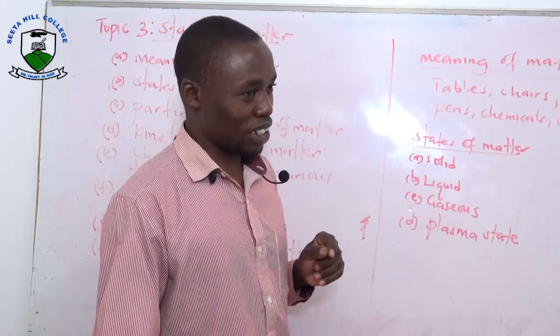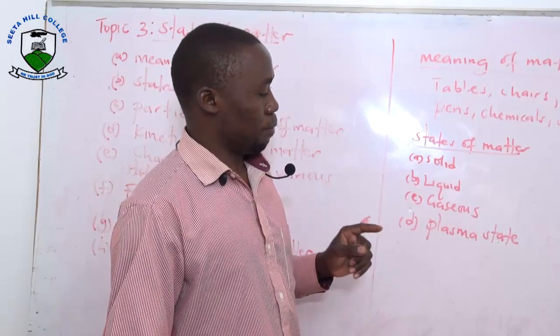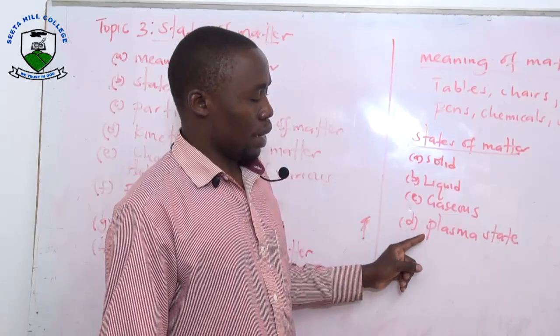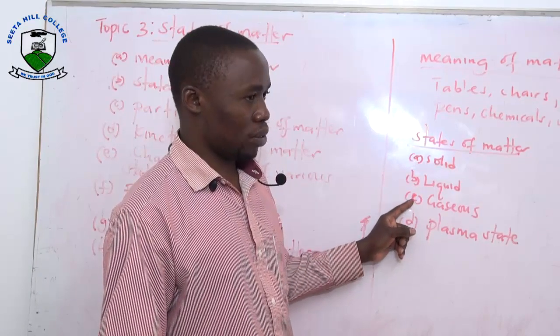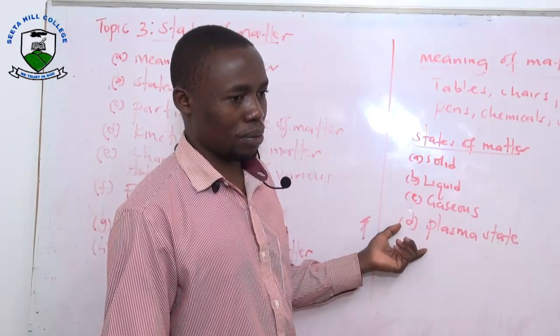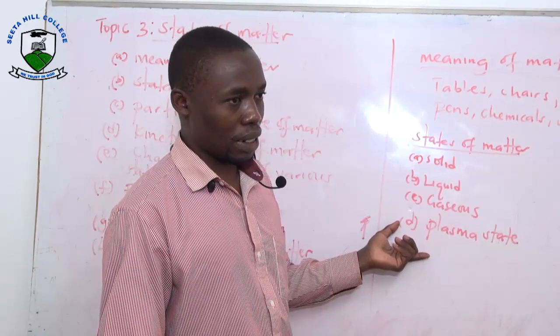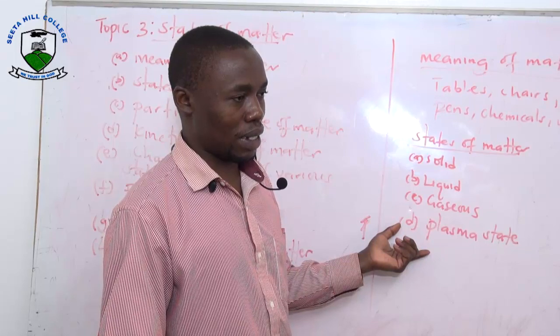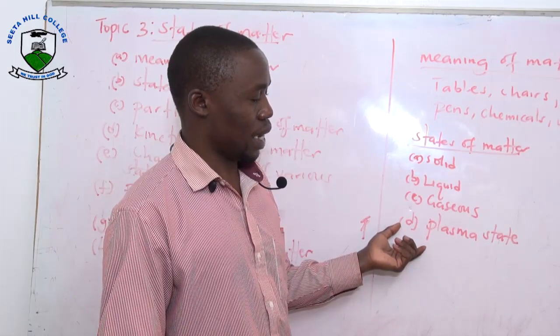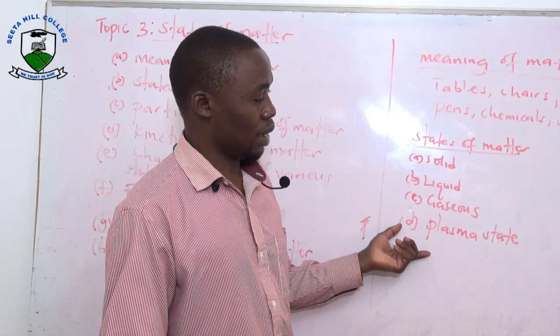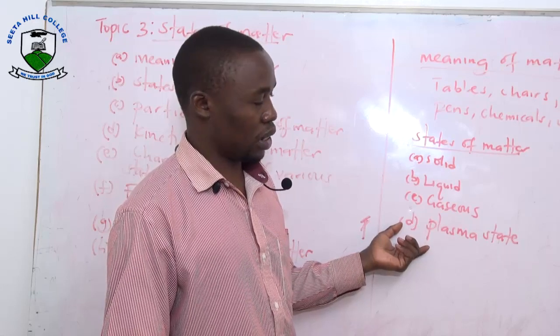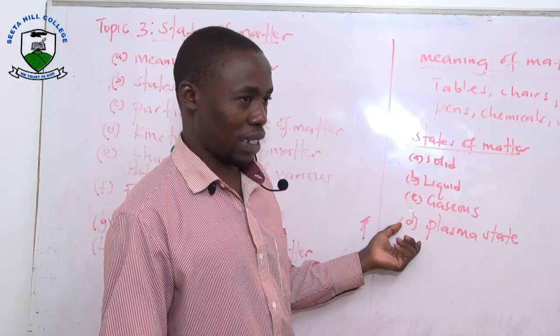Now listen. When a gas is subjected to a very high temperature, the particles in the gas get ionized. They get charged. And the charges that we know are positive and negative charges.